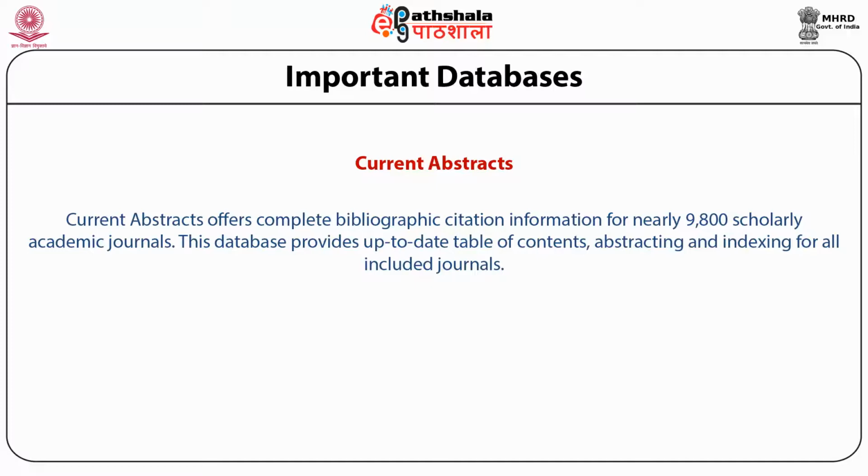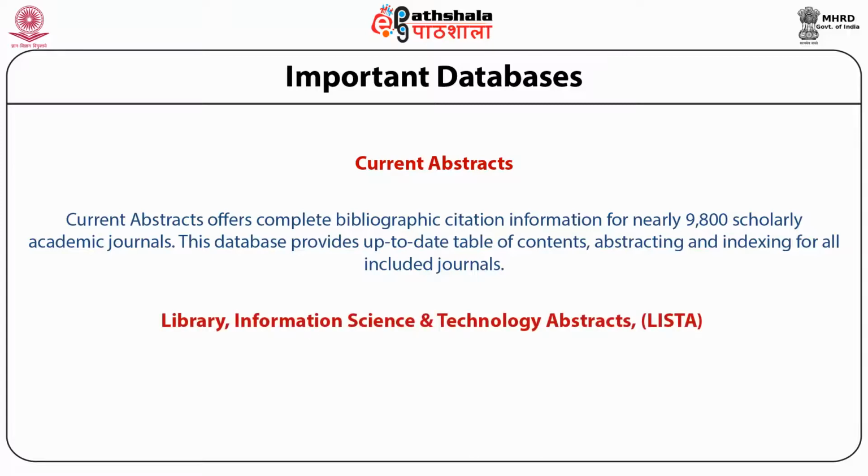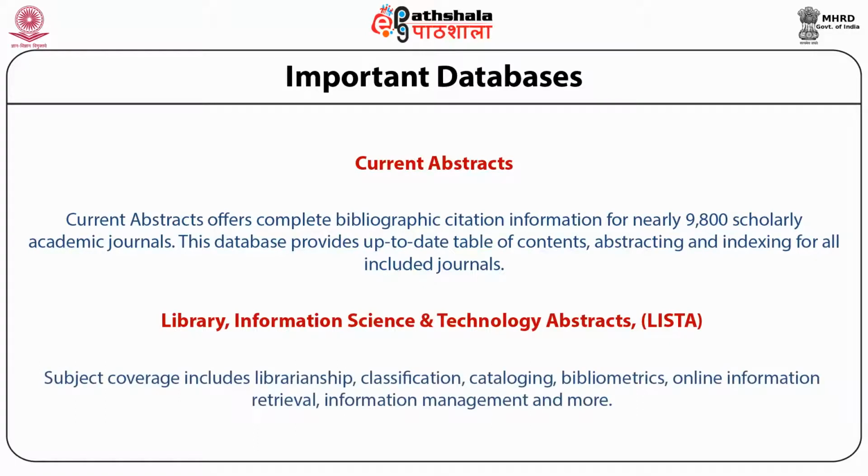This database provides up-to-date tables of contents, abstracting and indexing for included journals. The second important abstract database is Library Information Science and Technology Abstracts, LISTA. Its subject coverage includes librarianship, classification, cataloging, bibliometrics, online information retrieval, information management, and more.